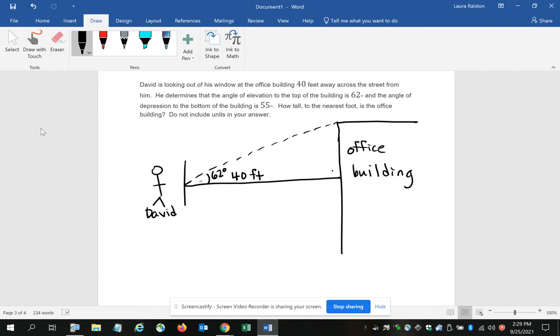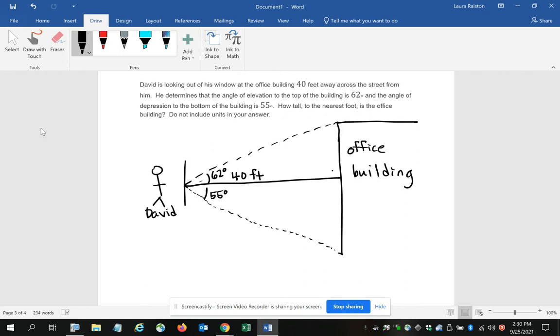He determines that the angle of depression to the bottom of the building is 55 degrees.